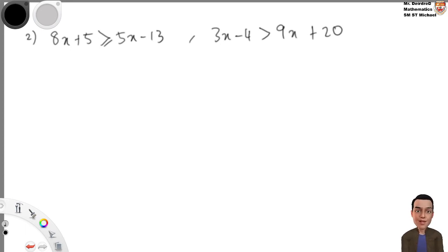Given two inequalities, you have to find the solution for simultaneous linear inequalities from both given linear inequalities. So step by step, the first step, again, simplify.